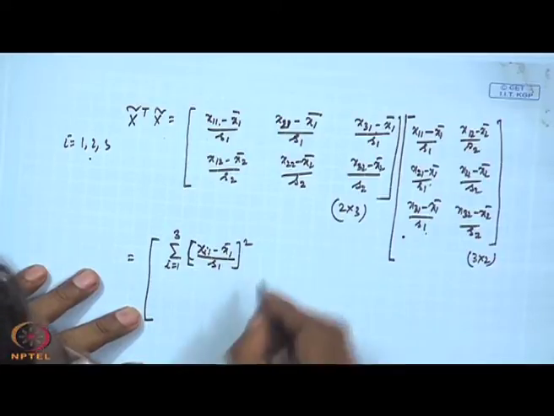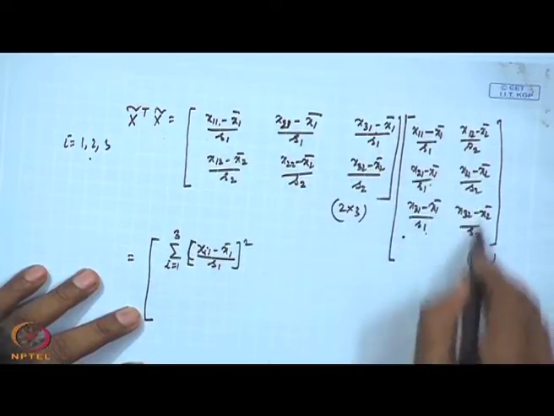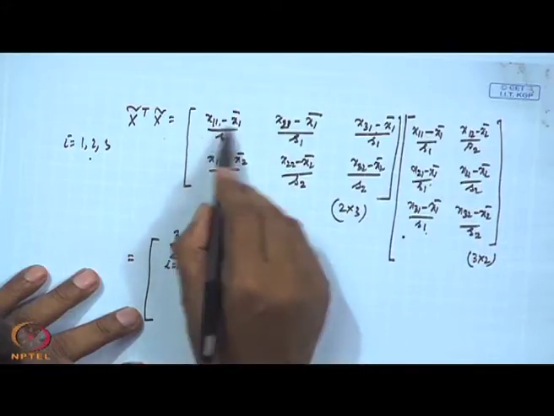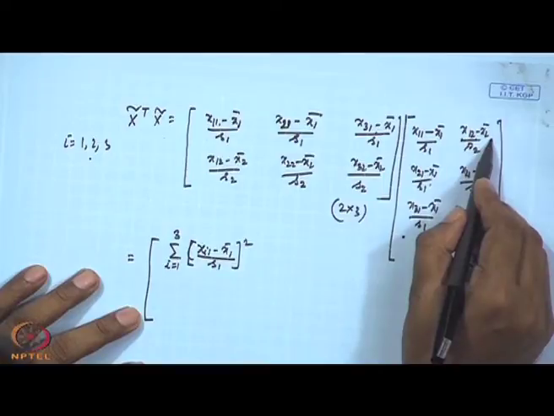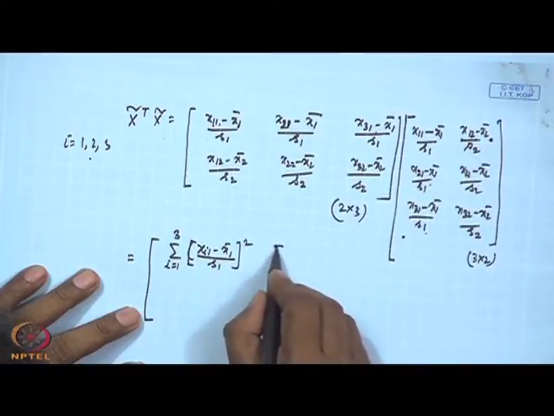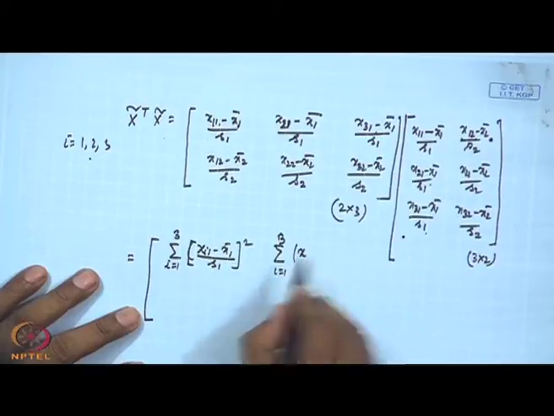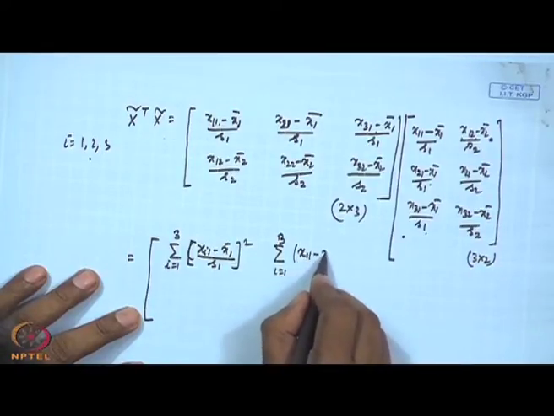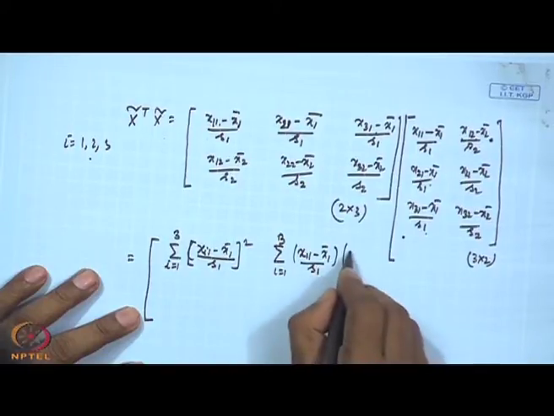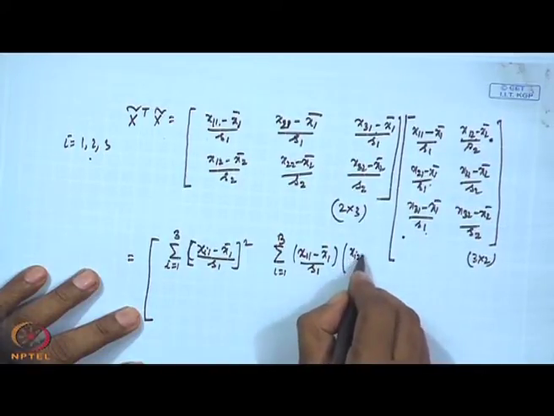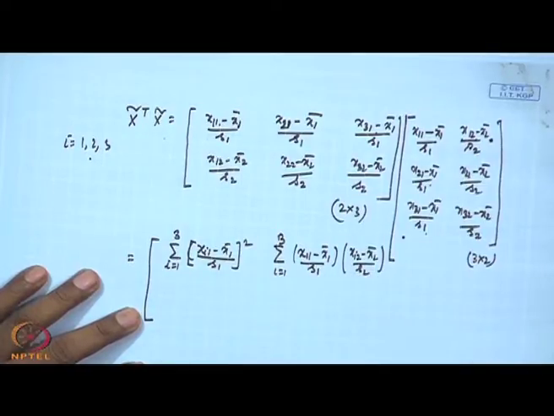Okay. Then what will this one, this cross this, give? (x11 minus x1 bar) times (x12 minus x2 bar). You see what you are getting here: the sum for i equal to 1, 2, 3 of (x i1 minus x1 bar) divided by s1 into (x i2 minus x2 bar) divided by s2.